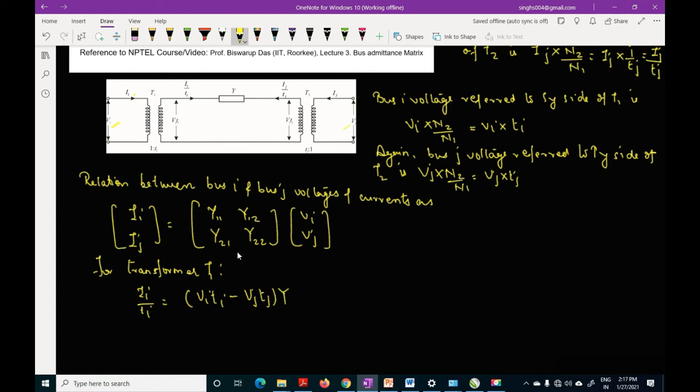Similarly, for T2 we can write down the expression. On simplifying this, first let us see what we'll get: Vi Ti square minus Vj Ti Tj multiplied by Y.